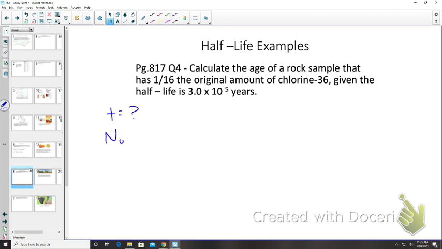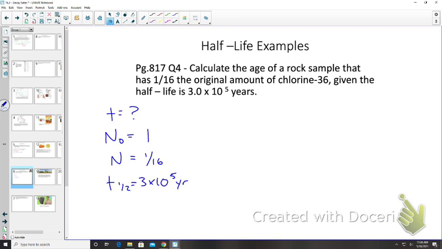N naught, the amount of radioactive sample, is just going to be 1. Our N is going to be 1/16. And we know our half-life is 3 times 10 to the 5 years. So we are solving for T.